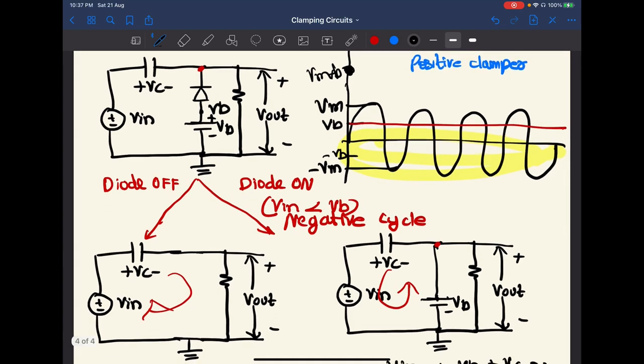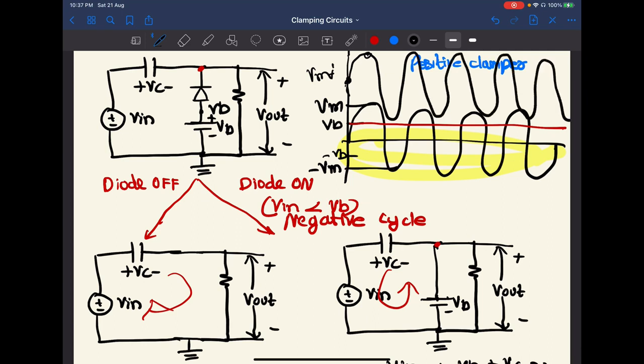That will be above this position. We can redraw this, and it will be like this. This will be our output wave. So we can see that the input is shifted by a value of Vm plus Vb in this case.